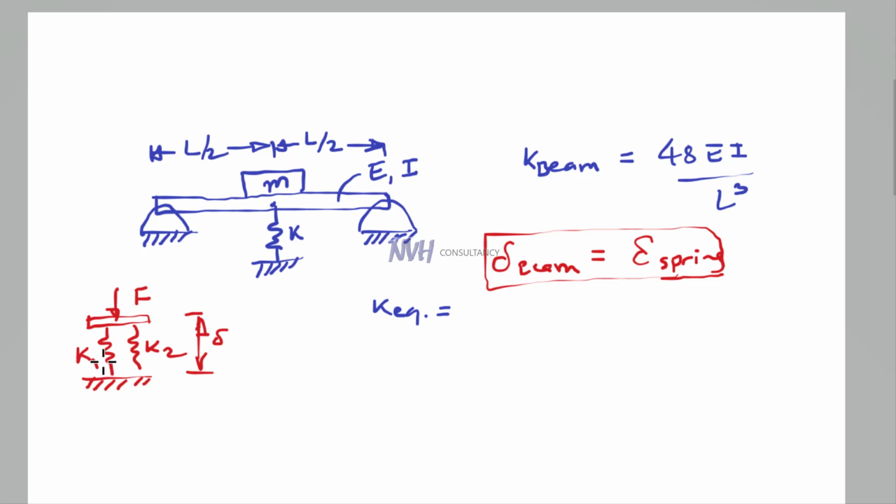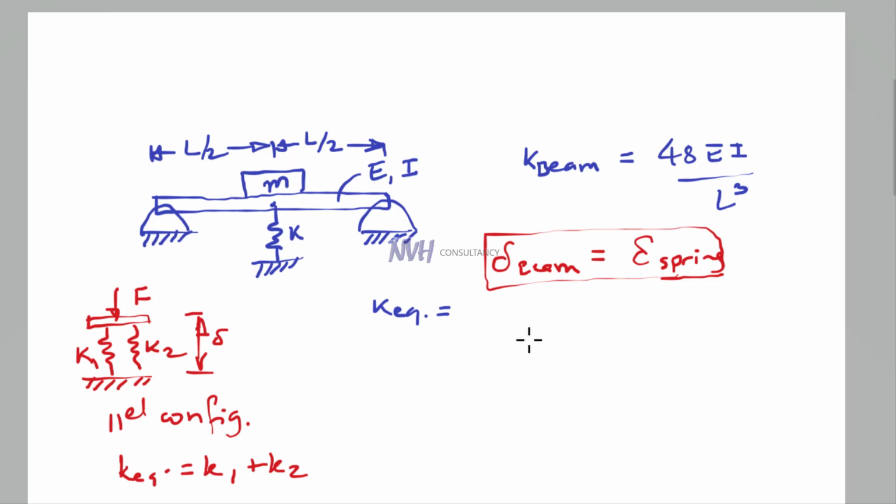In that case, these two springs are in parallel configuration. What happens in parallel configuration is that the forces are added and the stiffnesses are added. Okay, so the K equivalent in this case will be equals to K1 plus K2.